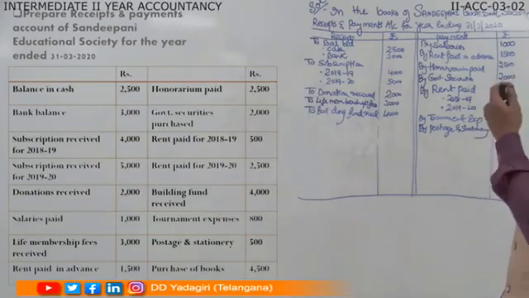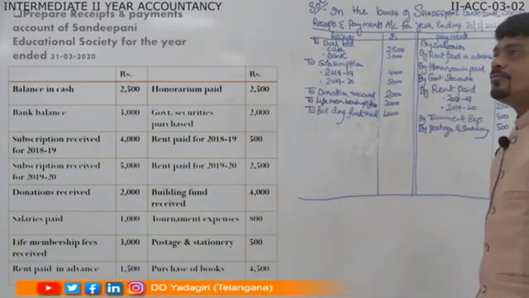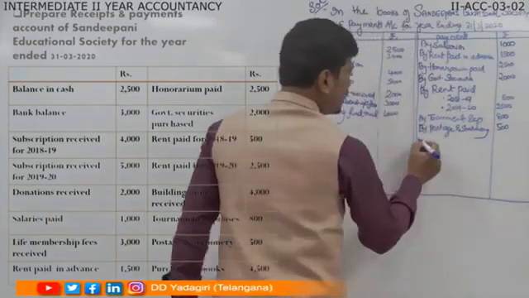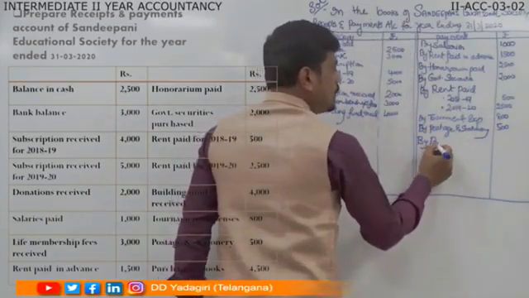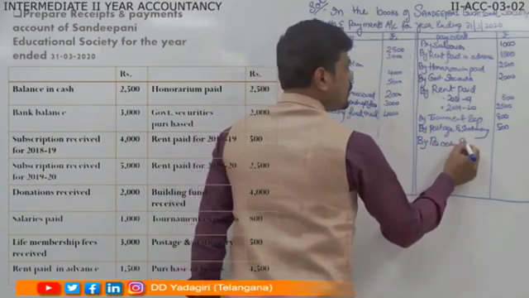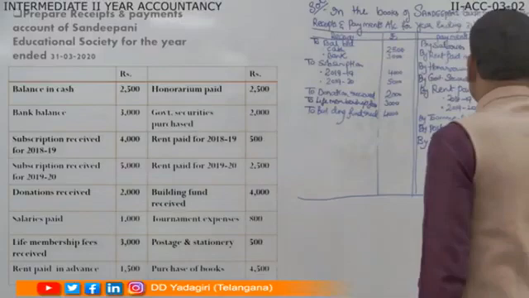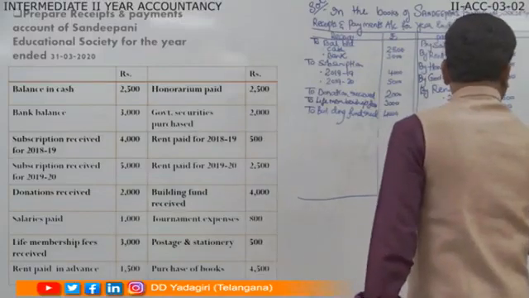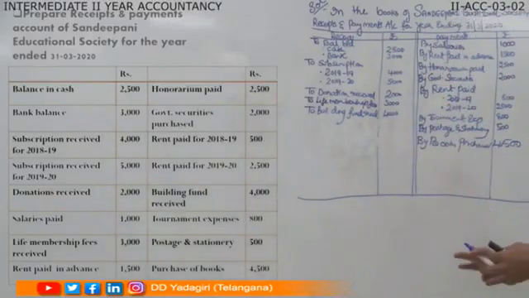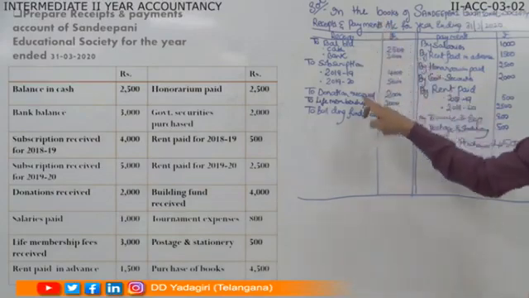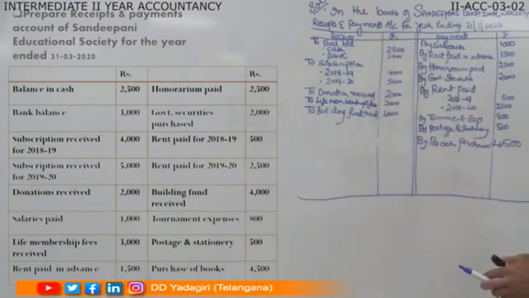And then they gave us purchase of books. Purchase of books is again a payment. So by books purchased, 4,500. All the postings are over. Receipt side, payment side postings are over.